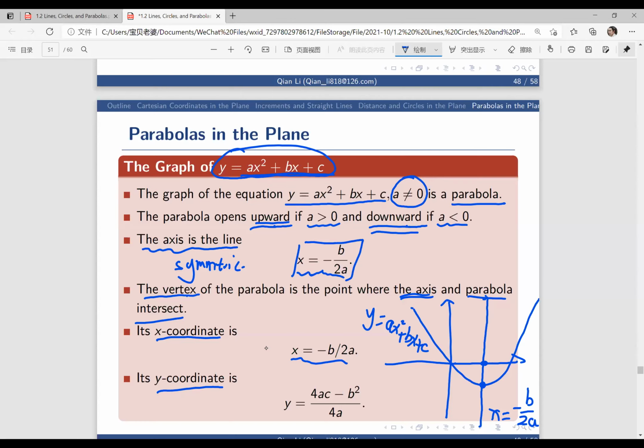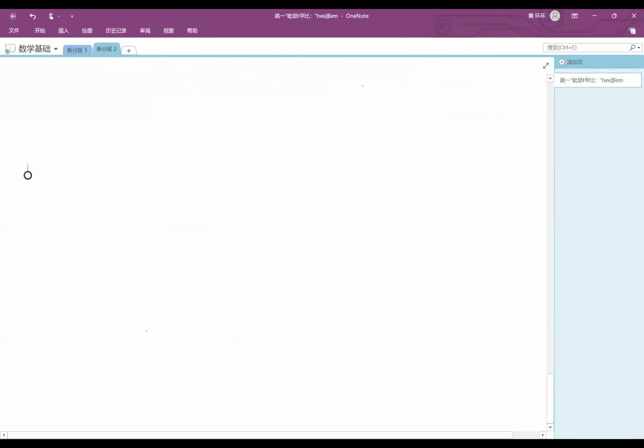So let's see the y coordinate. This will be the y coordinate, and let's say the y coordinate means if we let x is equal to negative b over 2a in this parabola, we can get y is equal to this. Let's see the following on this plane.